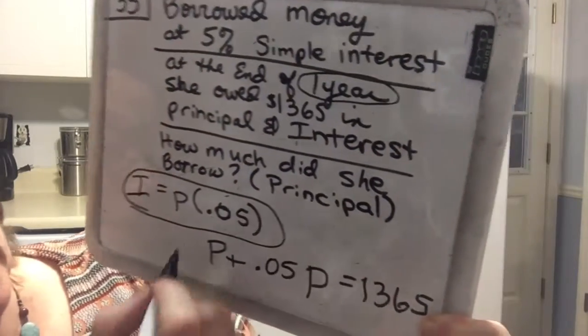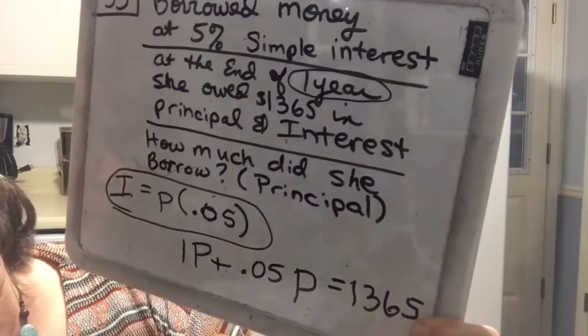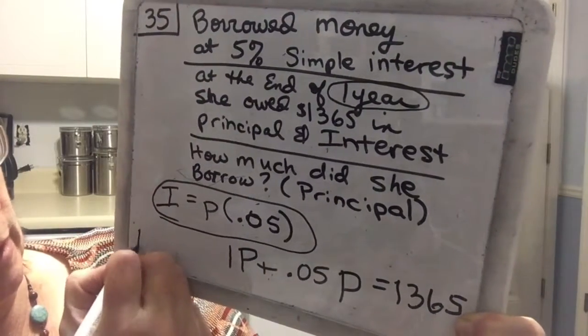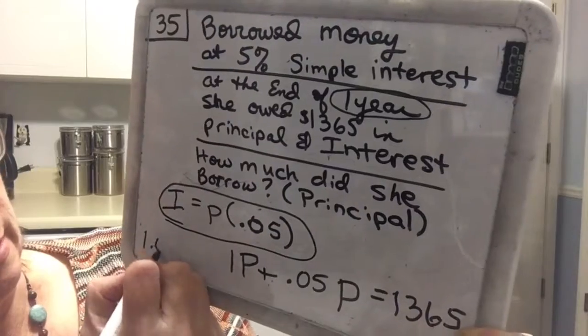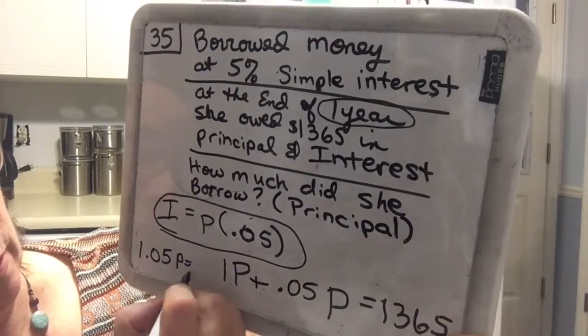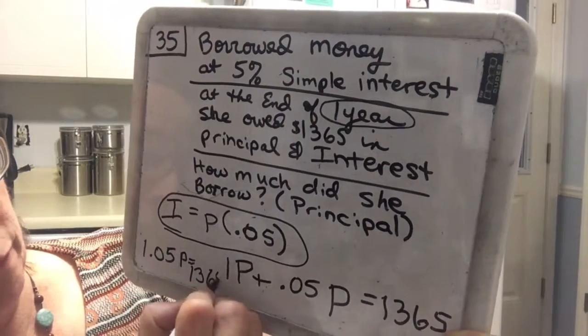Okay, so now we've got all of the parts of the problem written down in our equation here. So now, since this is just 1p, and then this is 0.05p, when I add them together, I get 1.05p equals 1,365.